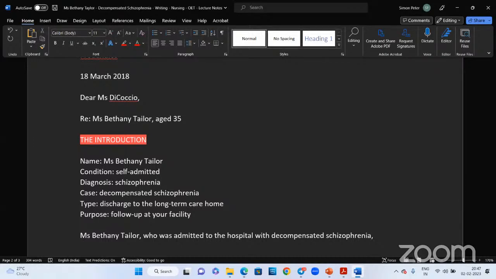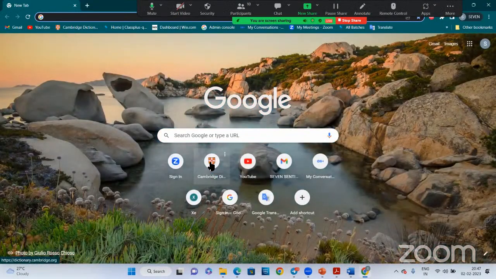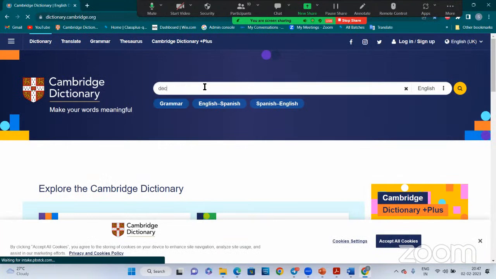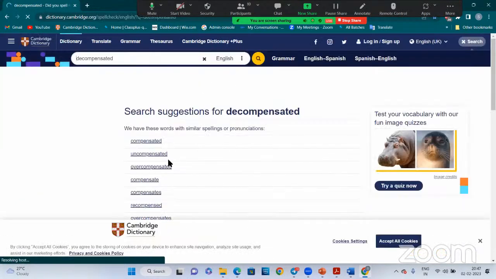Yeah, schizophrenia is there. She was admitted with schizophrenia, but not normal schizophrenia. It is a decompensated schizophrenia. Now, what do you mean by this decompensated? You should know that. You should know the meaning of that word decompensated.